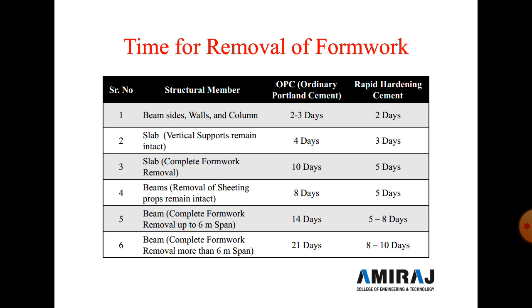And if beam span is more than 6 meter, in a concreting work if we use the OPC cement, then after 21 days we remove the formwork. And if we use the rapid hardening cement in a concreting work, 8 to 10 days is required. After 8 to 10 days we remove the formwork.